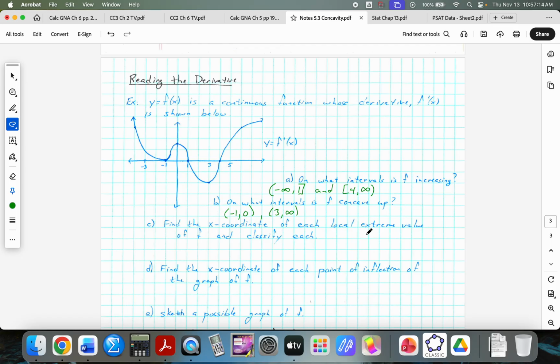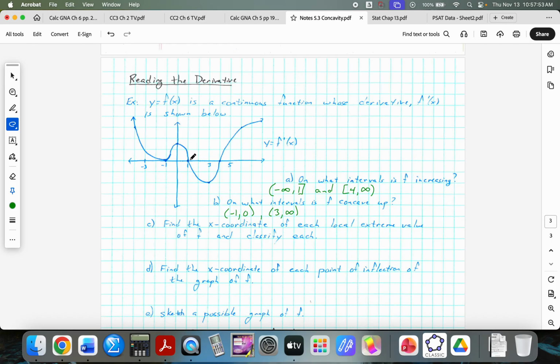No. On the AP exam, normally what they'll do is they'll say, find each critical point of f, which would be what you guys said, the -1, the 1, and the 4, right? And then it would say classify each as a local maximum, local minimum, or neither. So if they had asked the question that way, we would have said, well, at x is equal to -1, there's neither a local minimum nor a local maximum because the derivative doesn't change signs.